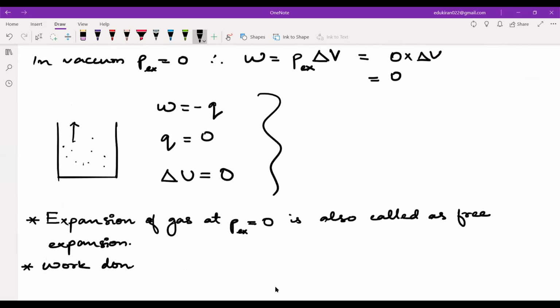Work done in free expansion is always 0.